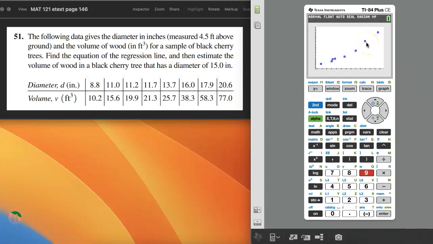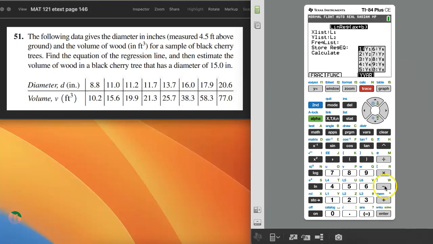So next, let's find the equation of the regression line. And this is going to be Stat, right arrow, number 4. You're going to scroll down to where it says Store Regression Equation. You will press Alpha, Trace, Enter.